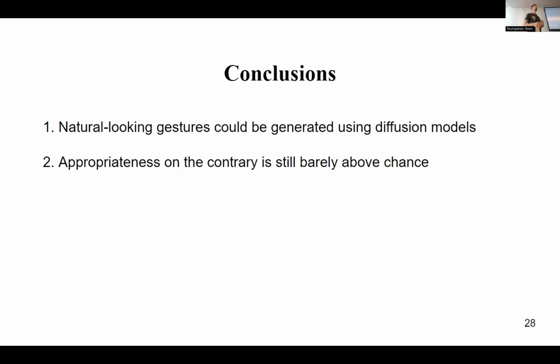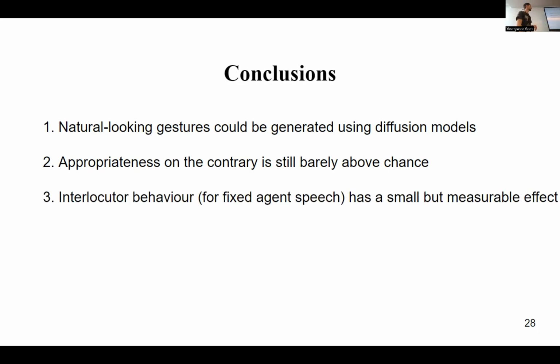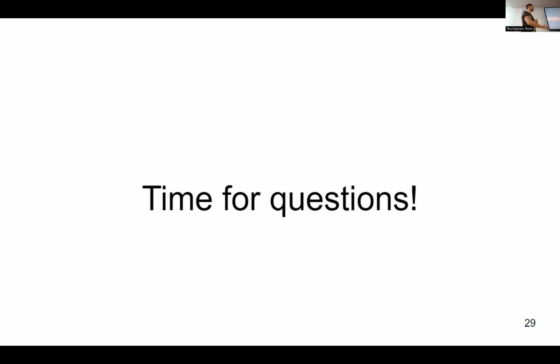And if you are beginning your PhD and thinking what to focus on, I would say this is the topic to focus on. Interlocutor behavior has some small measurable effect, but it's still tricky to do and maybe even more tricky to measure. And we believe challenges like this are helpful for us to move the field forward.